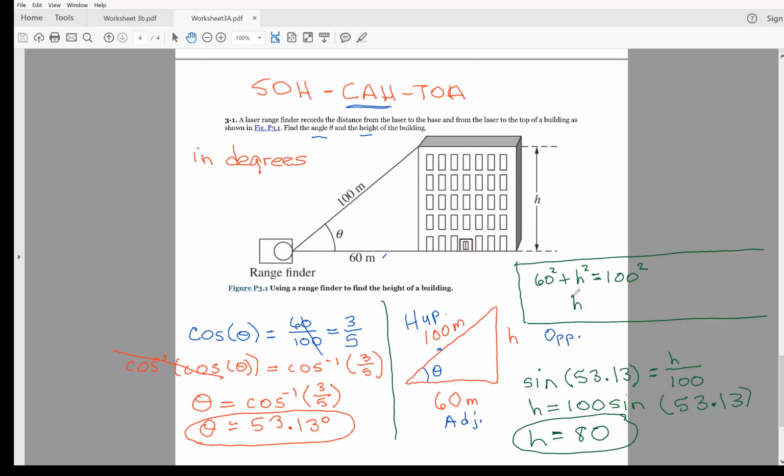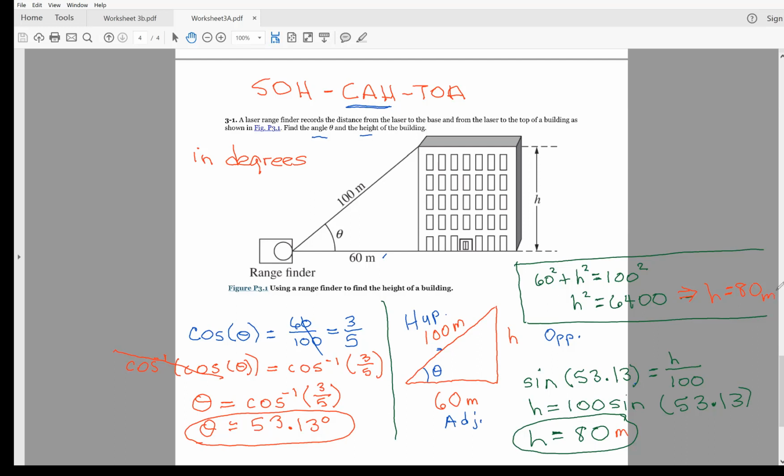So h squared is equal to 6,400, which means h is equal to 80. So either way, and it's 80 meters. Both of these are meters. Either way, I get the same answer.